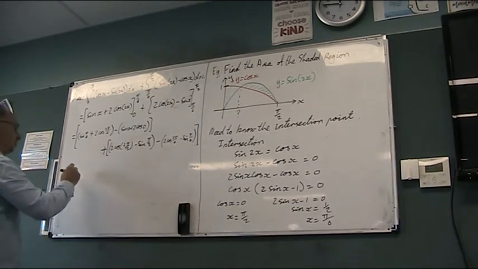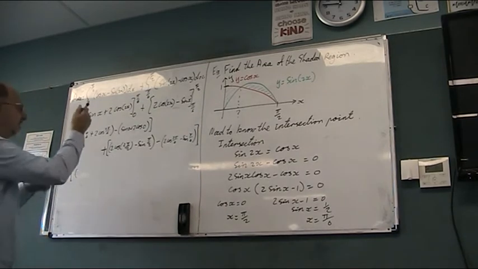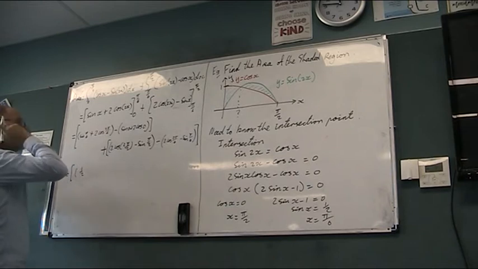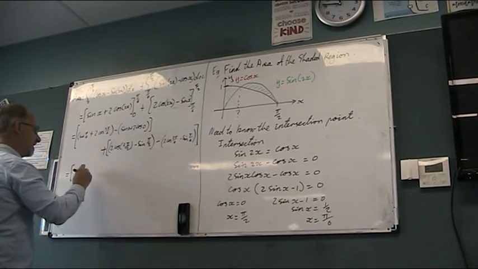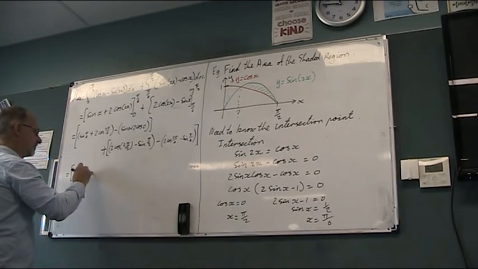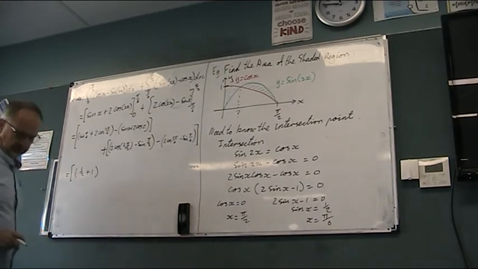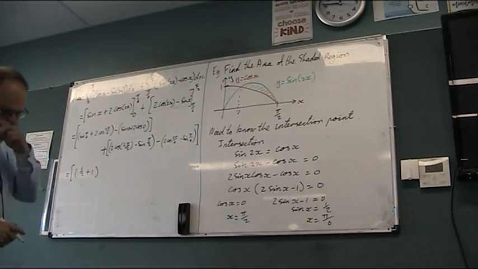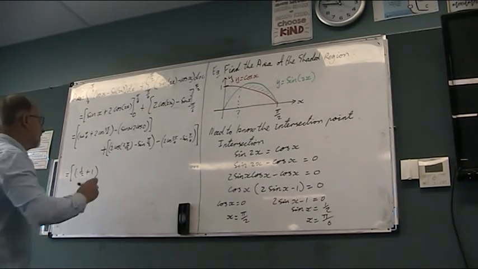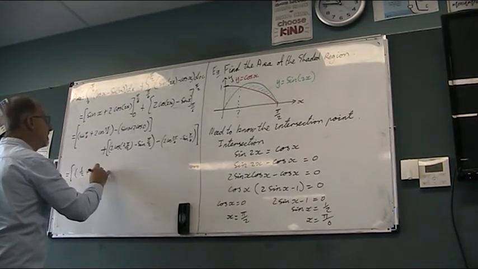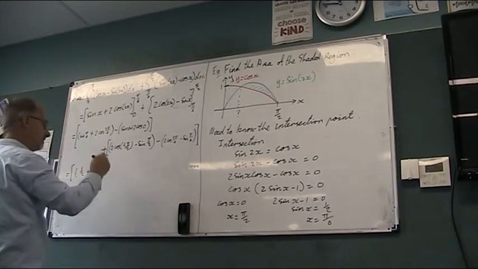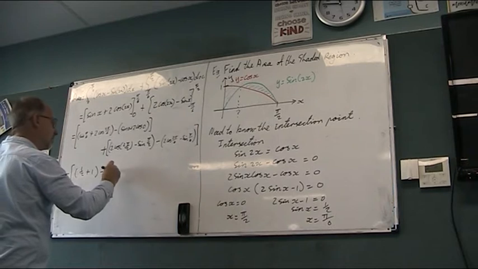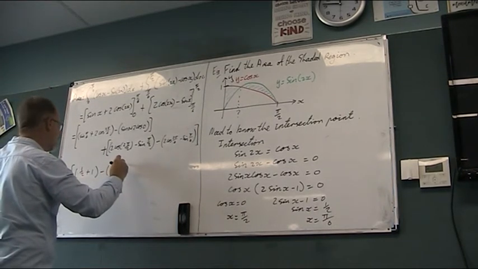Alright, so sine of pi on 6 is half. 2 pi on 6 is pi on 3. The cos of that's a half. Times 2 is 1, I think. Then, minus. Sine of 0 is 0. Cos of 0 is 1, 2 lots of that.